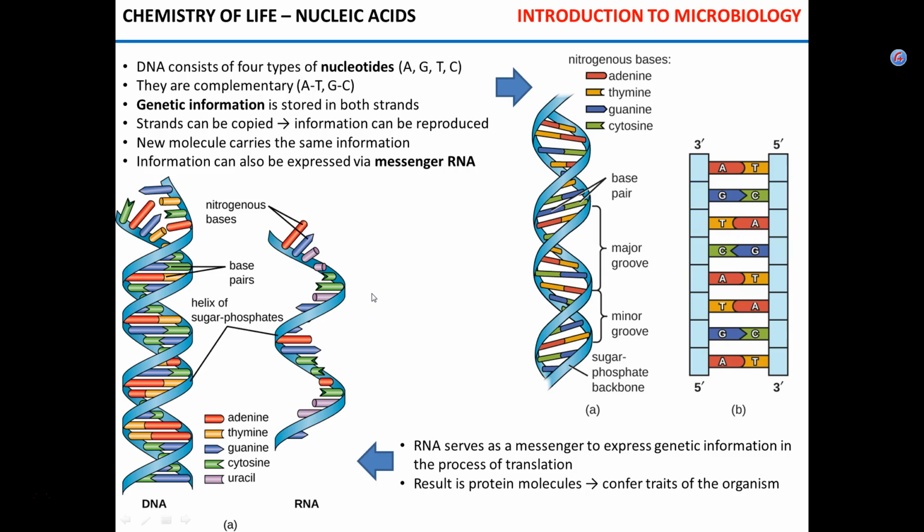When it's synthesized as a single strand, one part of the strand will interact with another part. They will form hairpin loops and other interesting structures. But RNA is single strand. And then RNA becomes a template in the process of protein synthesis.